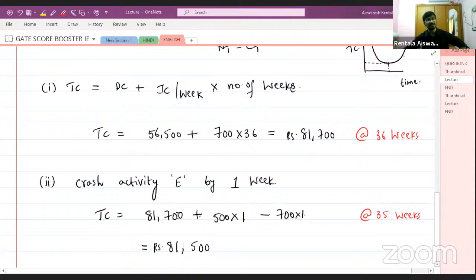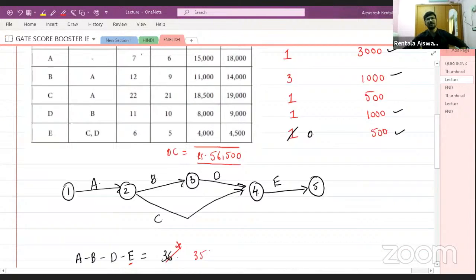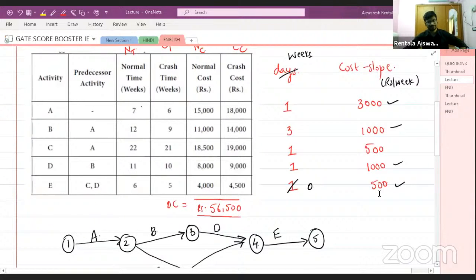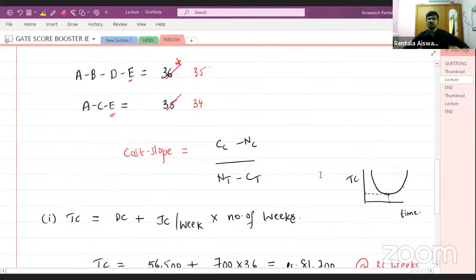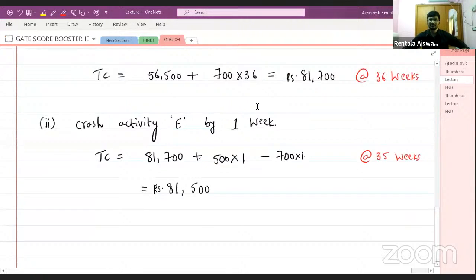Now, as you are doing this crashing of this particular activity by 1 week, so the meaning of cost slope is that only. So if you want to crash any activity by 1 week, so additionally you have to pay 500 rupees. Okay. So as you have crashed this previous duration by 1 week, so additionally you have to pay 500 rupees into 1.